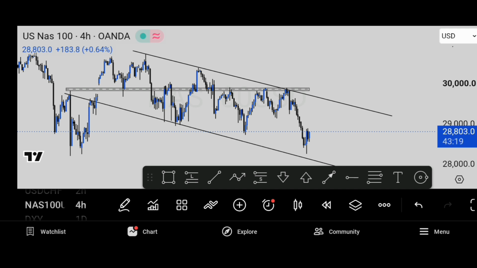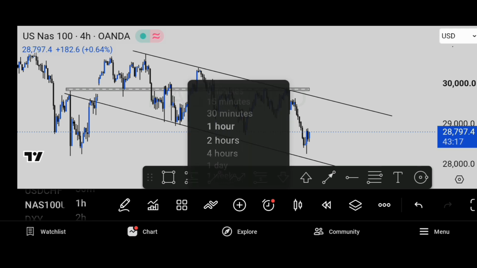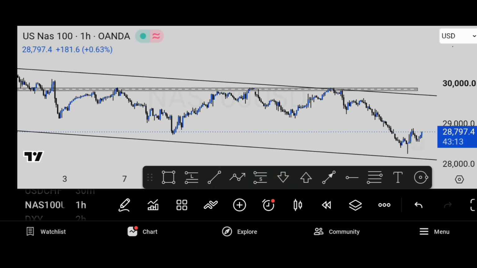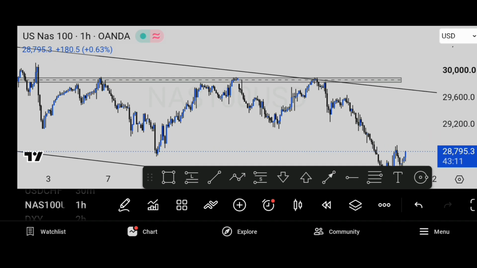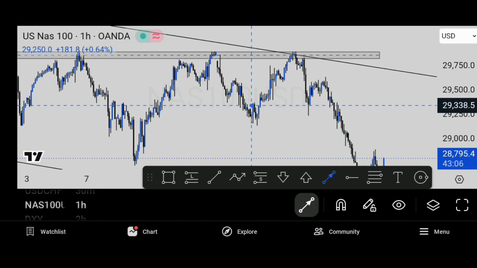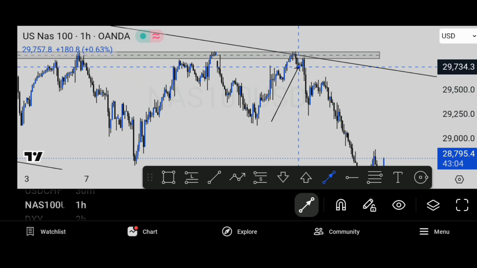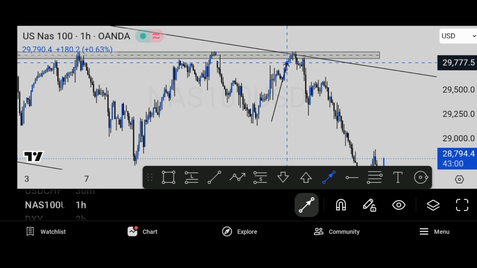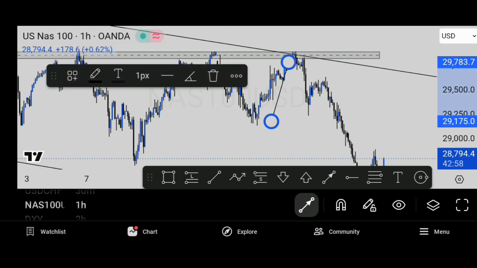So moving down to the 1 hour, because I literally took my entry on the 1 hour time frame, right? So when I saw that price was coming close to my area of interest, I think it was around here, and then I just set my limit order.